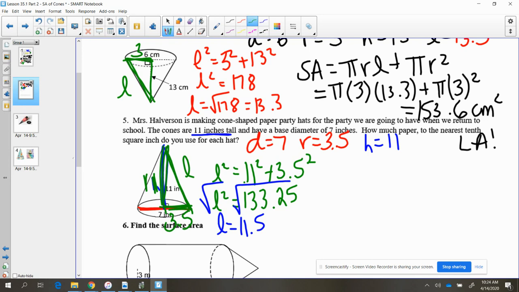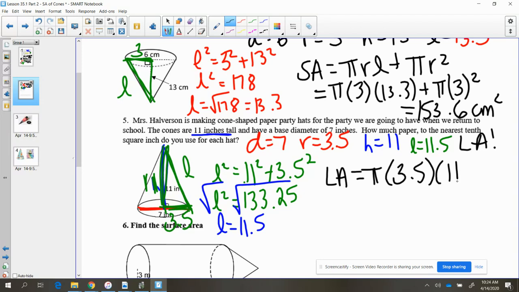So again, the slant height is what we needed here, as well as the radius. So finally, our lateral area, pi r, is pi times 3.5 times L, 11.5. If we approximate this in the calculator, we get about 126.4 square centimeters.